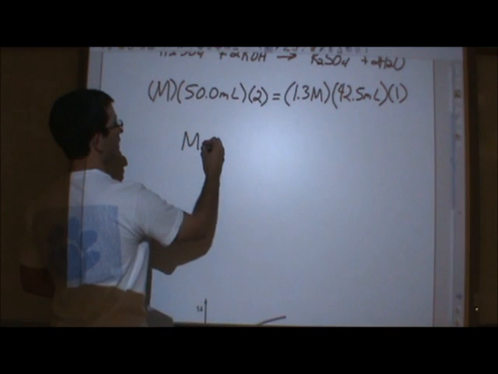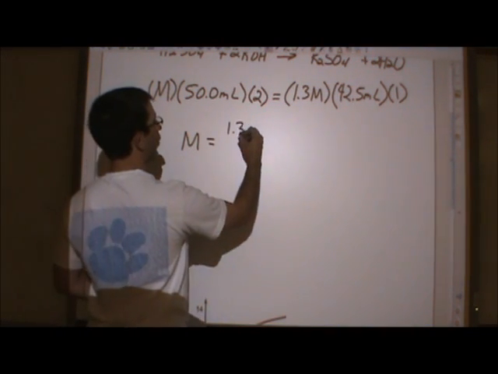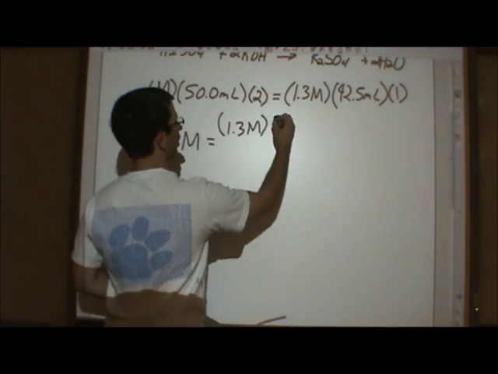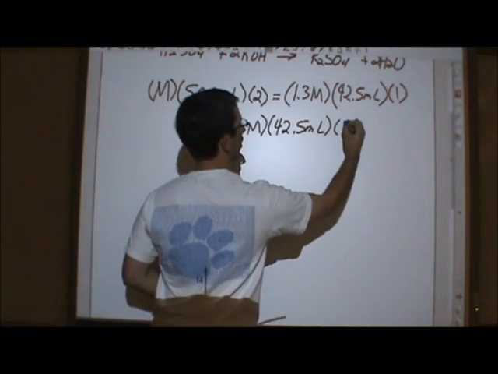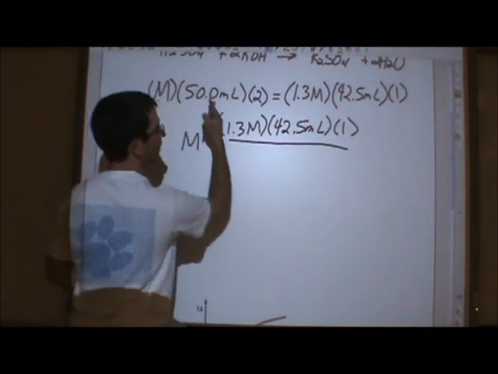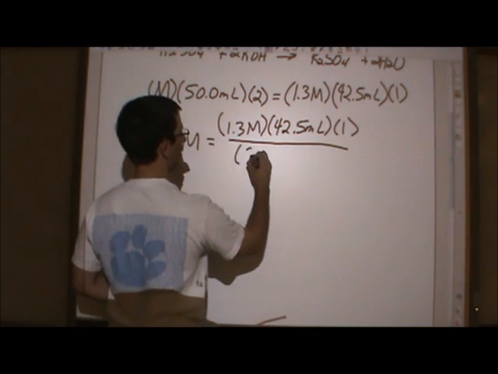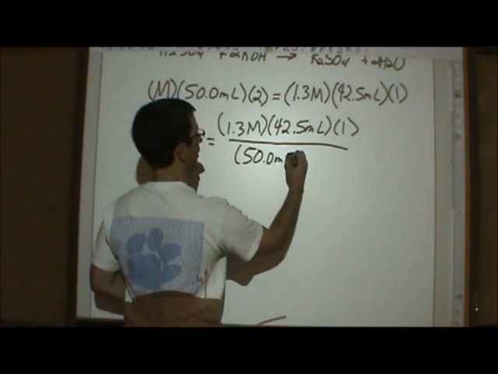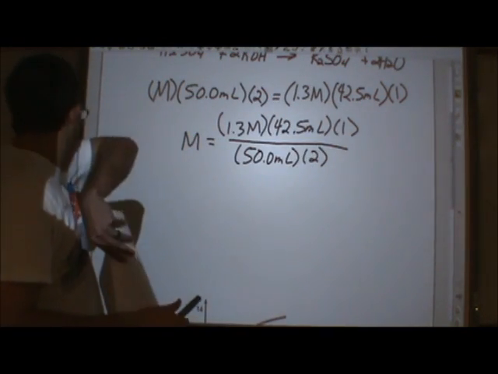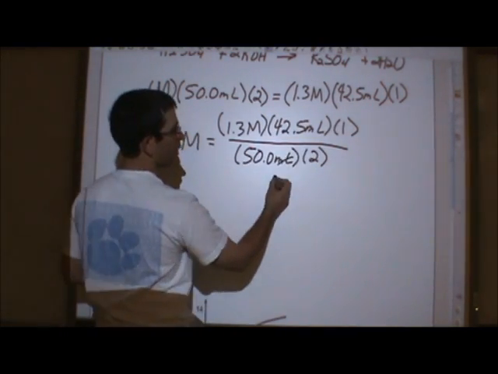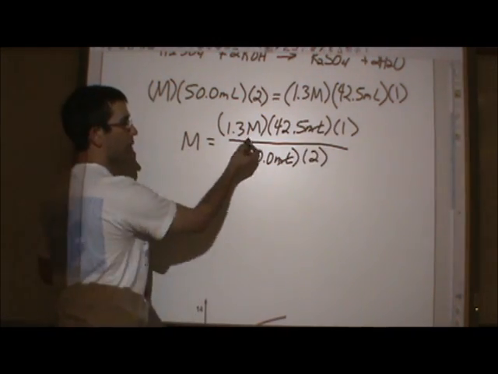We know molarity is going to be equal to 1.3 molar times 42.5 milliliters times 1 divided by, we're going to take these over, 50.0 milliliters times 2. Alright, hopefully you see here, your milliliters are going to cancel. We're going to be left with molarity.